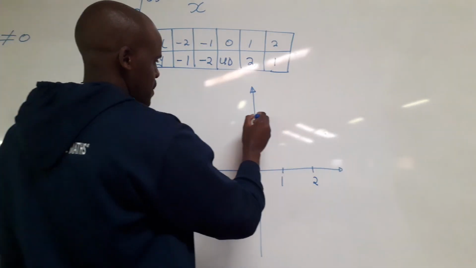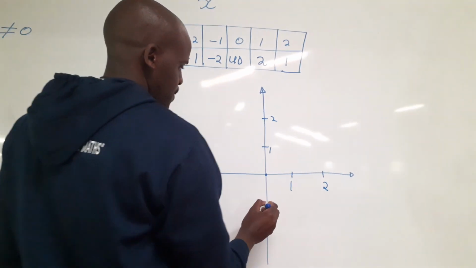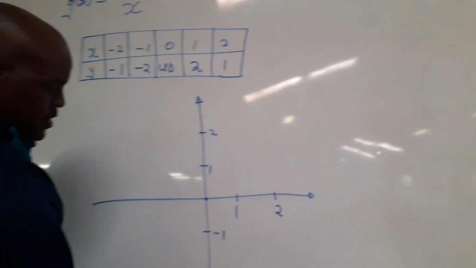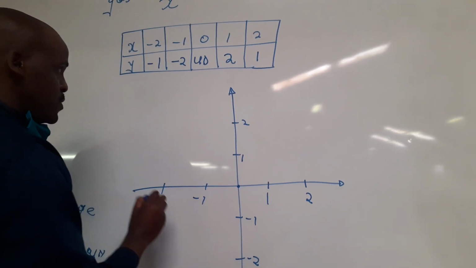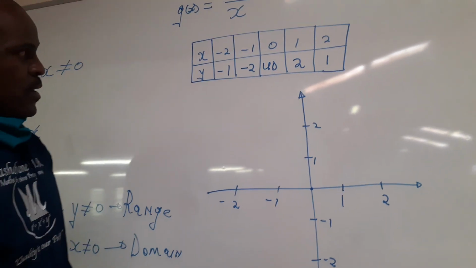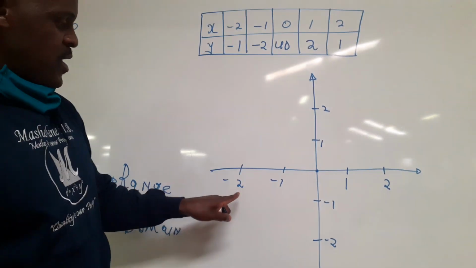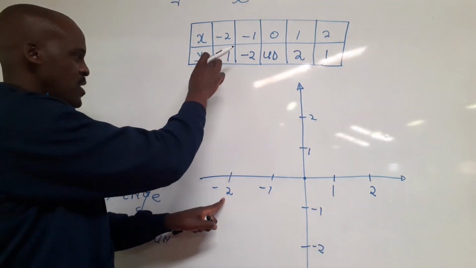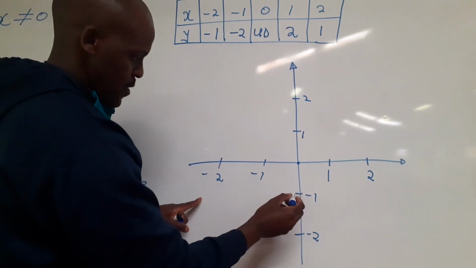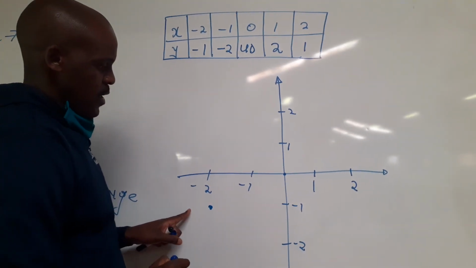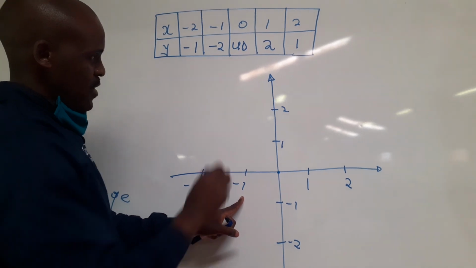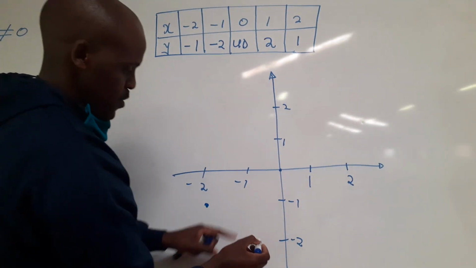Right there. It's 1, 2, negative 1, negative 2. If x is equal to negative 2, y is equal to negative 1. It's here. If x is equal to negative 1, y is equal to negative 2.